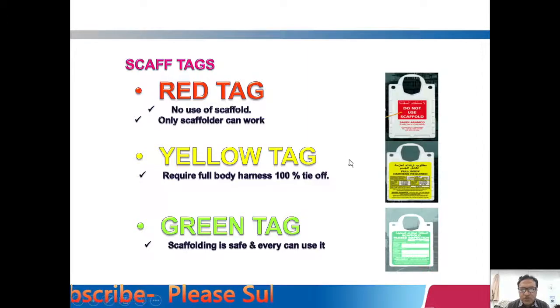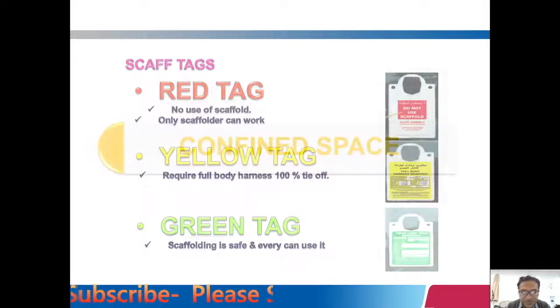When something is missing, the scaffolding inspector will put a yellow tag on that scaffolding. While you are performing any work on it, you have to wear a full body harness with 100% tie off. When you find a green tag scaffolding, you can perform work without a full body harness, it is not needed. Green tag means the scaffolding is complete and it is safe to use.